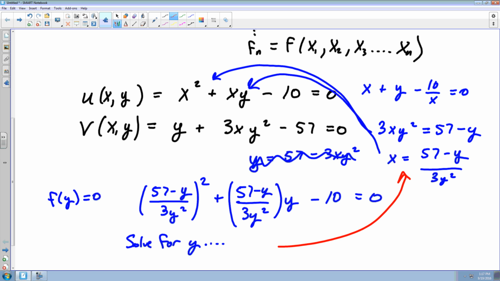But I can tell you that there are other cases where that can be pretty tricky. Okay? Because, for instance, the bottom equation only has x in one term. But if it had another term of x, y, it could get pretty messy pretty quick.